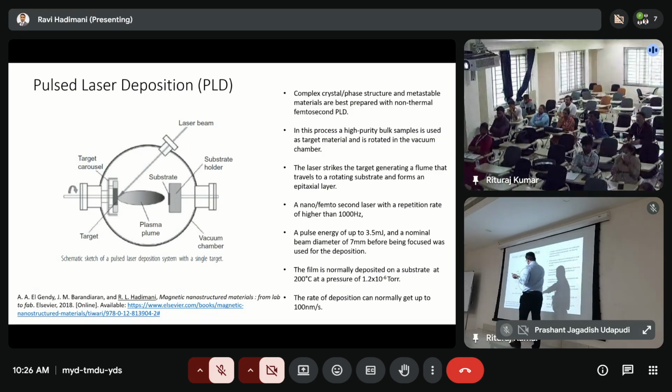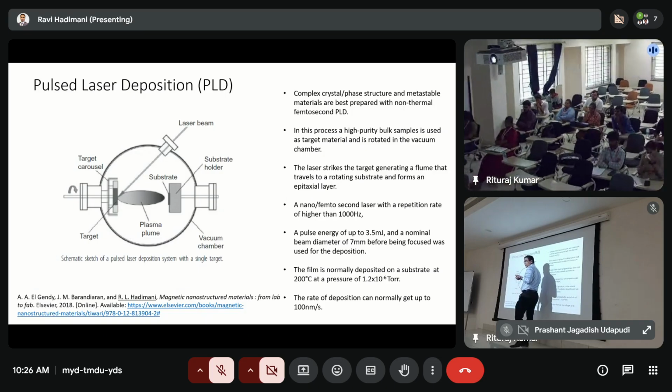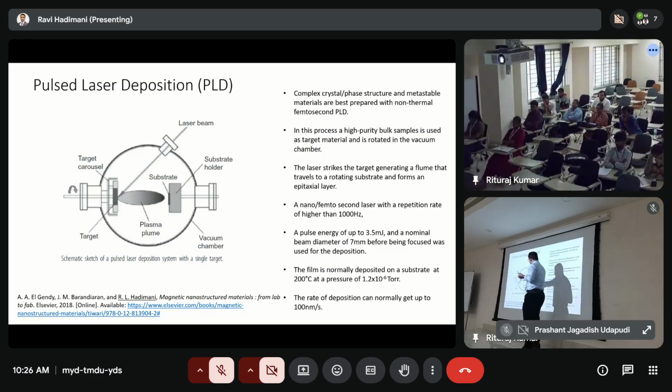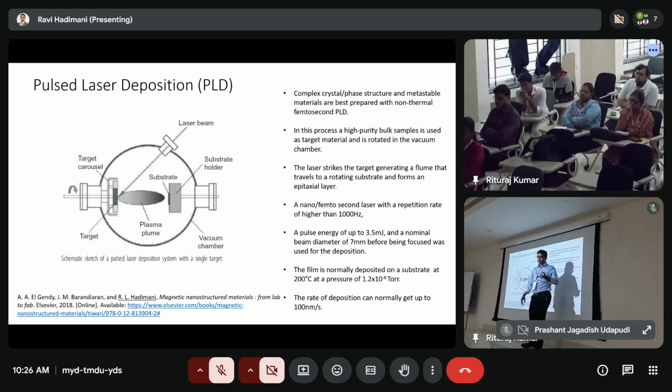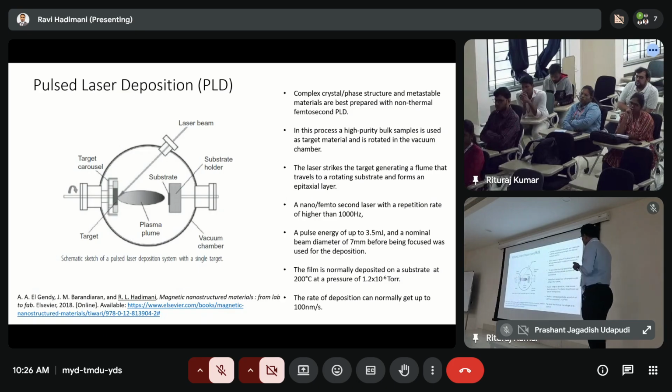So you can have deposition at low temperature in this. So you can put polymers inside here to get the deposition. You won't damage polymers.